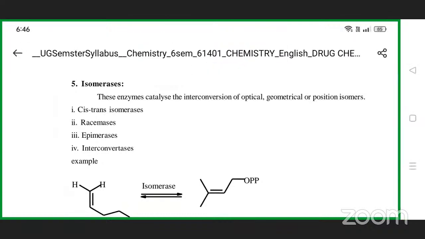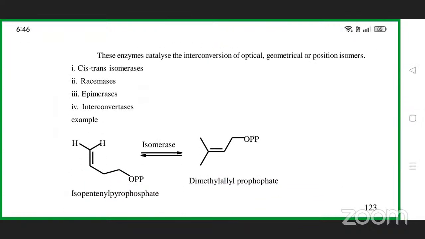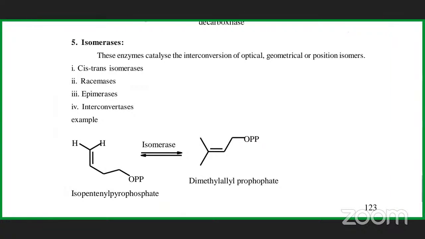Next, isomerases. Isomerases catalyze the interconversion of optical, geometrical or positional isomers. Isomers have the same molecular formula but different properties.